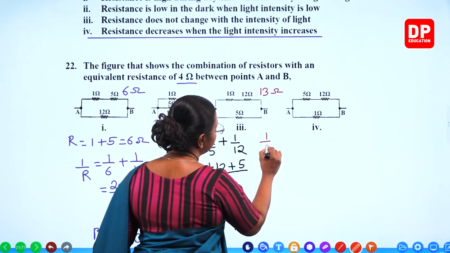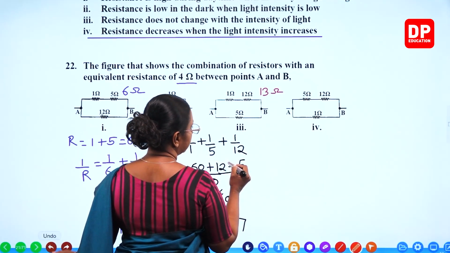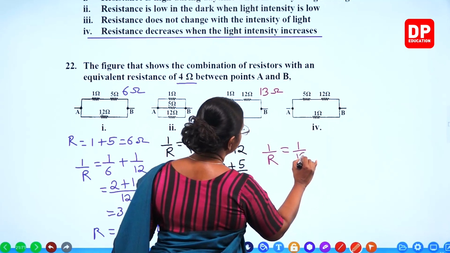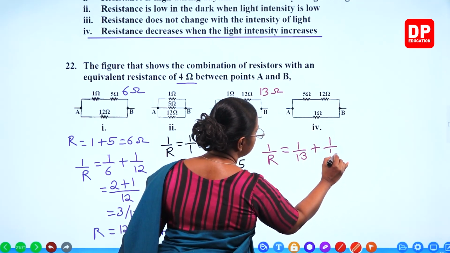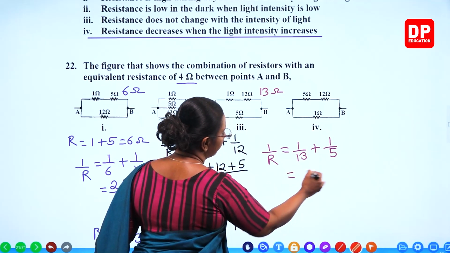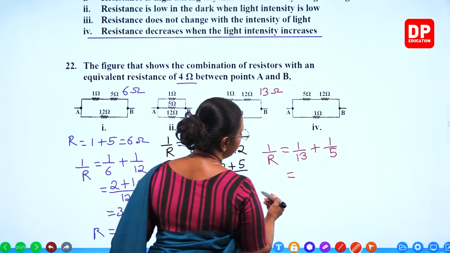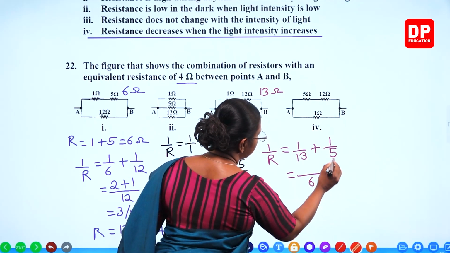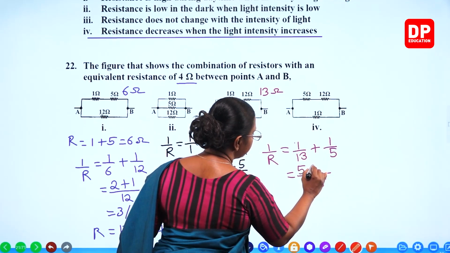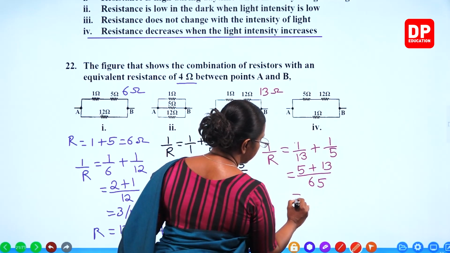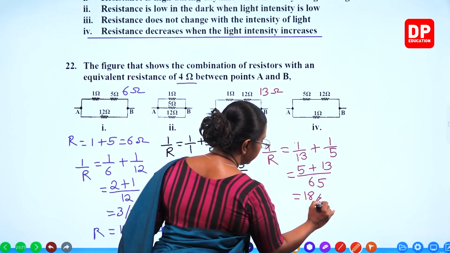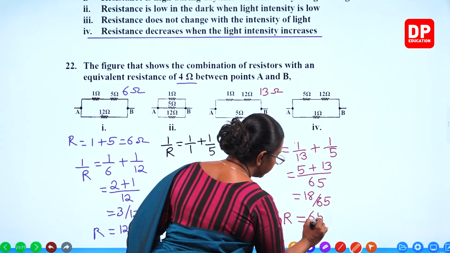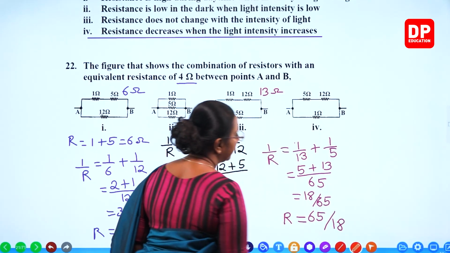To calculate the equivalent resistance, 1 over R equals 1 over 13 plus 1 over 5. Here you multiply 13 into 5, that is 65. So this has to be 5 plus 13, 18 over 65. When you calculate R, it is going to be 65 divided by 18.